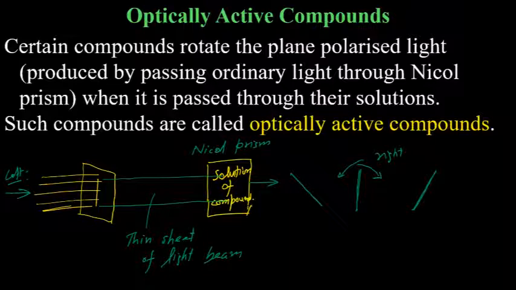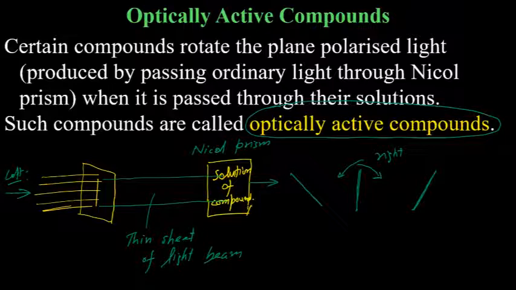So this technique is used to find whether the compound is optically active or not. If the compound is optically active, it will rotate the plane polarized light. Simple light, from the sun, is actually plane polarized light.